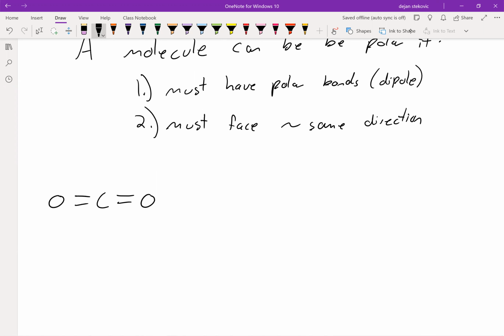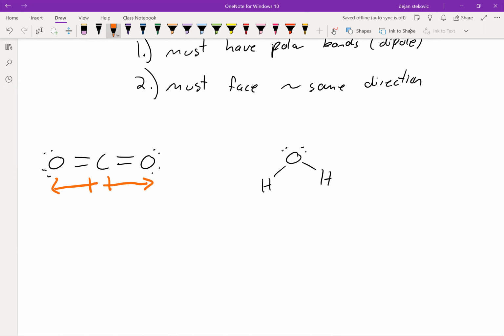So here on the left, we've got carbon dioxide, and on the right, we have water. If we think about the bond polarities in carbon dioxide, oxygen is more electronegative than carbon. So we have a bond polarity like that and a bond polarity like that. If you think about those two arrows, they're facing the opposite direction.